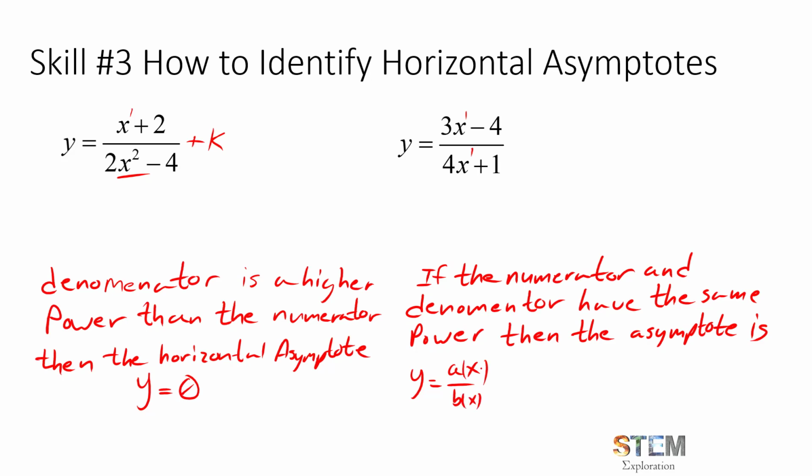I guess I should just say a over b, because there is no x in that term. In this case, 3 is associated with the x, and 4 is associated with the x. So the asymptote in this case is going to be y equals 3 over 4.